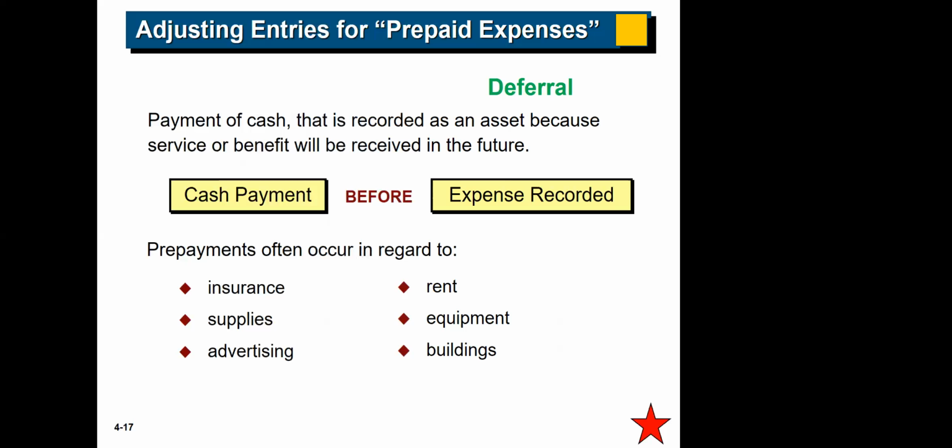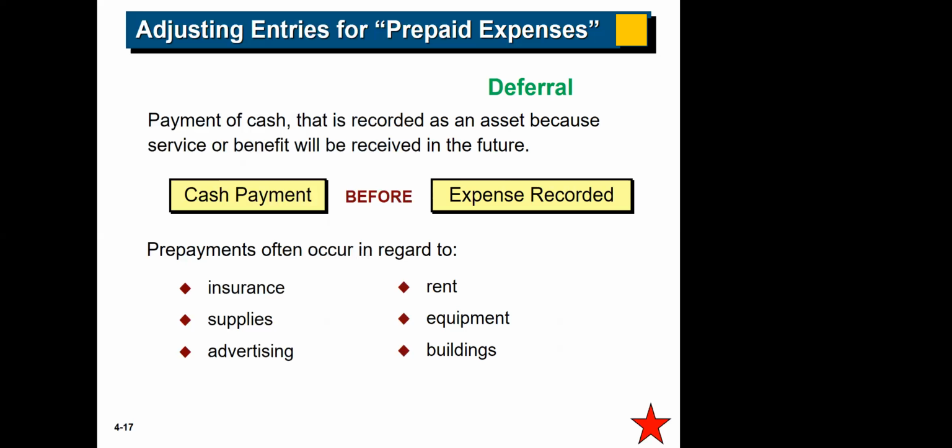I'm trying to think. Well, we'll look at the examples. It's harder, I think, to explain it that way. But these are the categories that you might have them in: insurance, supplies, advertising, rent, equipment, buildings. I'm trying to think if there's any other ones. Cash payment, expense reported. Is there anything else?